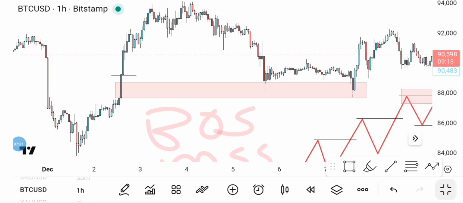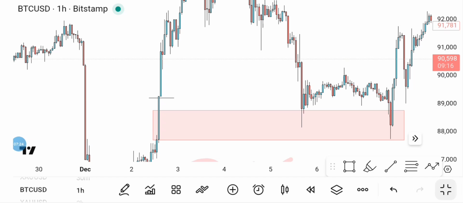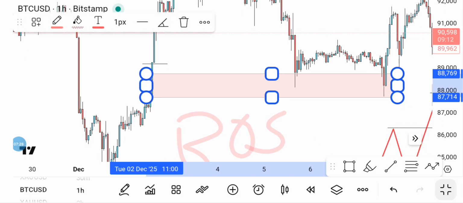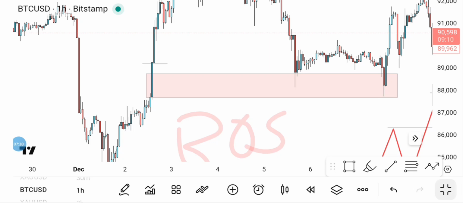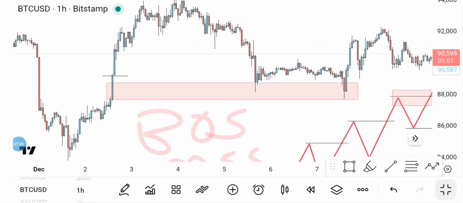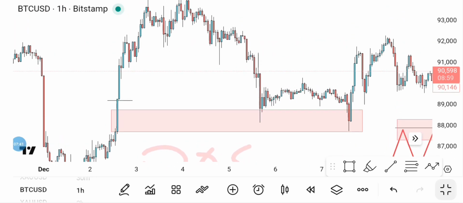Okay, now back to this video here. Now we can see that this fair value gap is unmitigated. When we say unmitigated, we are simply saying that it has not been tested before. It's still fresh. So because it's still very much fresh, when the price came for the initial reaction, you can see the movement.